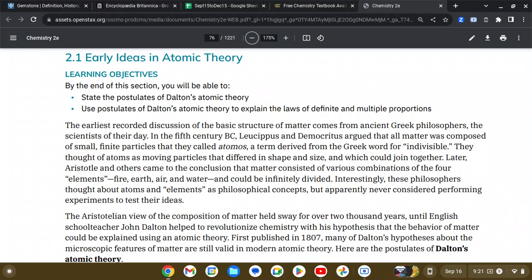Later, Aristotle and others came to the conclusion that matter consisted of various combinations of the 4 elements: fire, earth, air, and water, and could be infinitely divided. Interestingly, these philosophers thought about atoms and elements as philosophical concepts, but apparently never considered performing experiments to test their ideas.